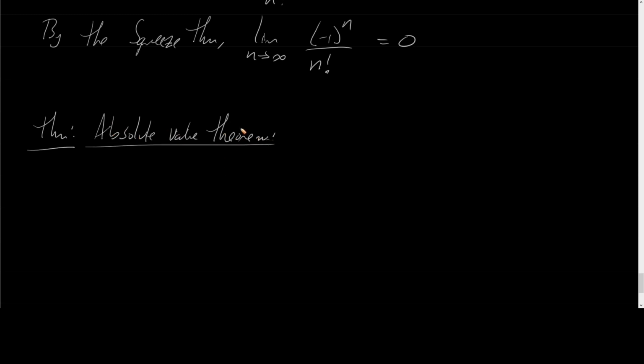And this is what it says. It says if the limit as n goes to infinity of the absolute value of a sub n is equal to 0, then the limit as n goes to infinity of a sub n is equal to 0.